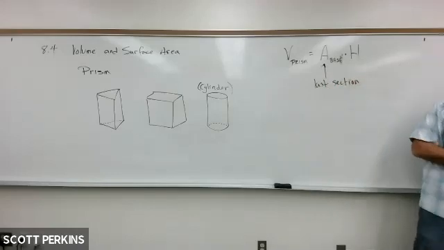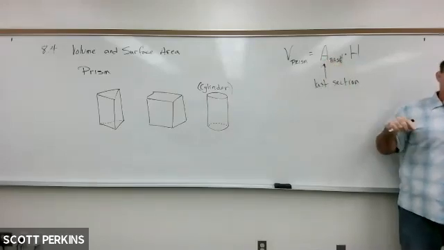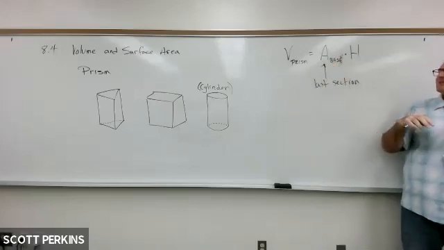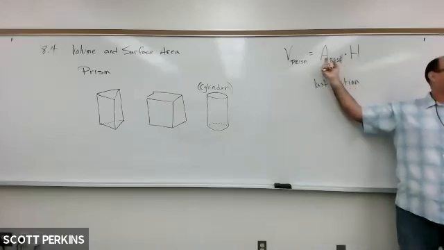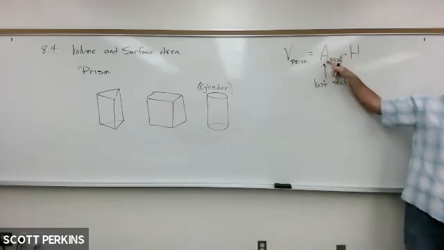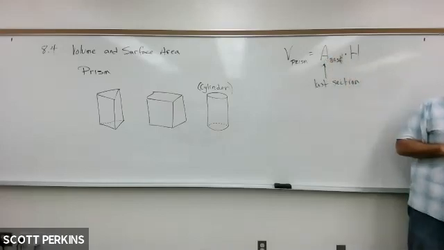So if your base is a triangle, it's 1/2 base times height of the triangle. If your base is a trapezoid, it's the average of the bases times the height. If your base is a circle, it's pi r squared. Okay, so we already, hopefully, because we've done the homework, if you haven't, please do before Thursday, we already kind of have in our brain this part right here because that's what we did last time.